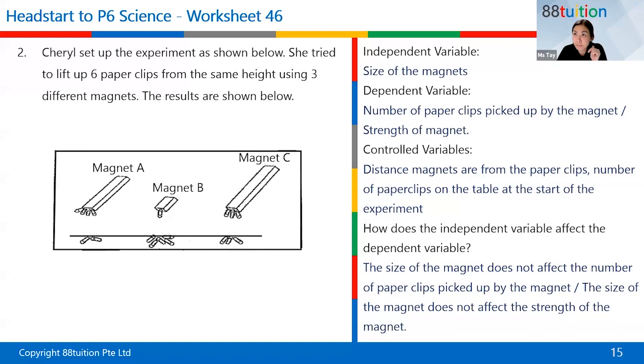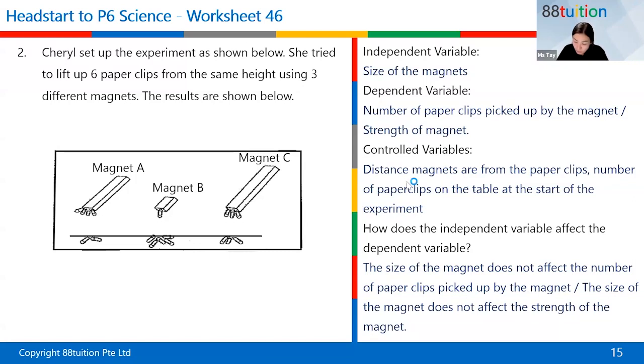Take note, Natalie. If you read the notes found in the beginning of our worksheet, the slides, you will have some definitions about the independent variable, dependent variable, as well as controlled variable. Can you refer to that again, Natalie? Okay, good, thank you.